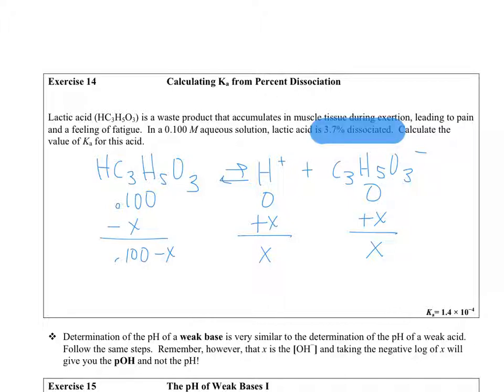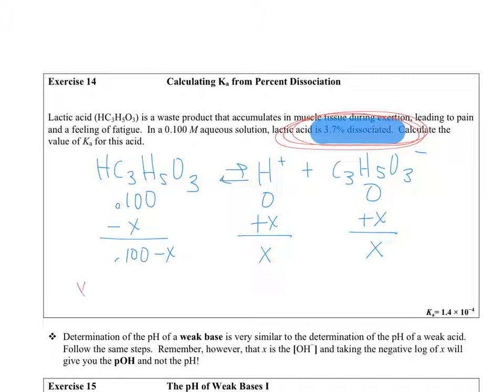Now, I can say x squared over 0.1 equals Ka, but I don't know the Ka value. But I have this key piece of information, that 3.7% dissociated. So 3.7% broke apart. So 3.7% is my x. So I'll go 0.037. 0.037 is 3.7% times 0.1, my initial value.